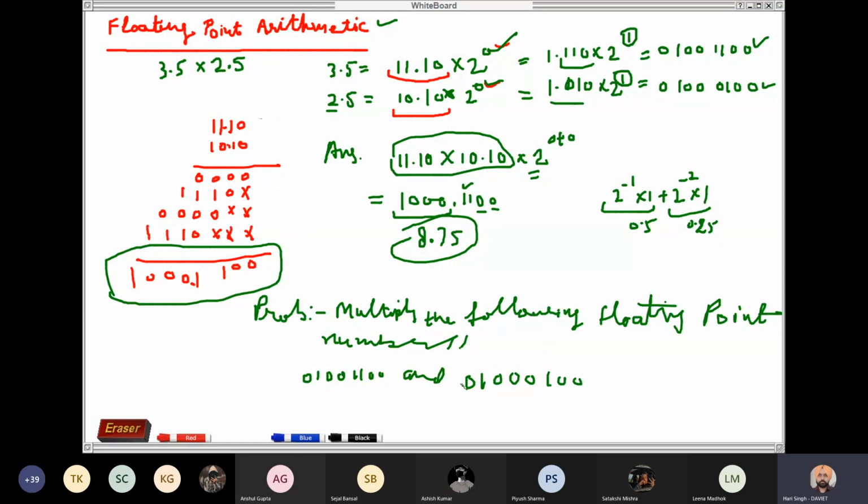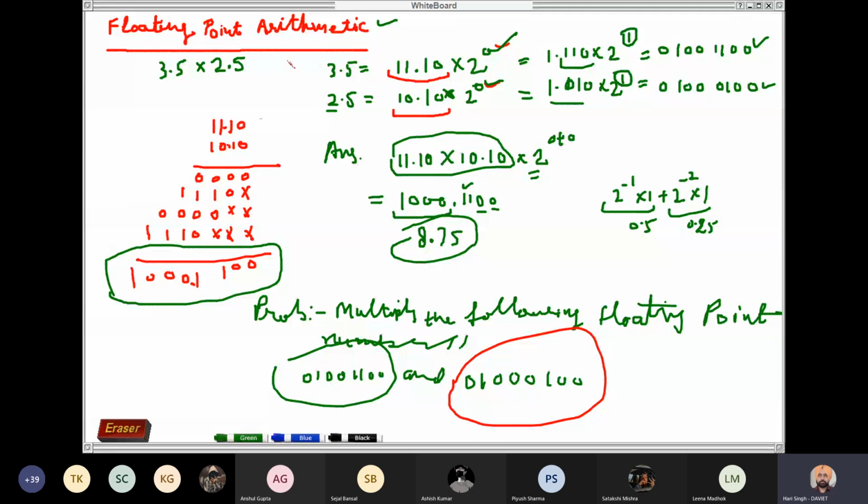So these are the given numbers, binary numbers in floating point form. You have to convert these numbers into scientific form. You have to write the mantissa and exponents of the numbers in this form. Then apply the multiplication, you will get this result.